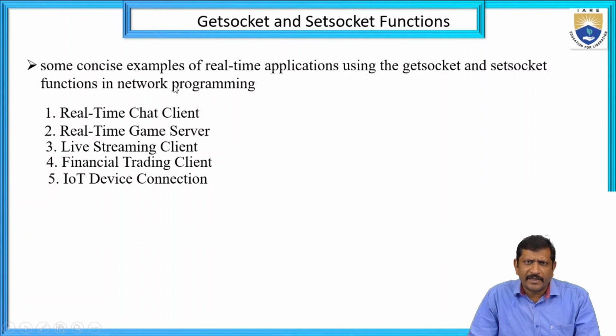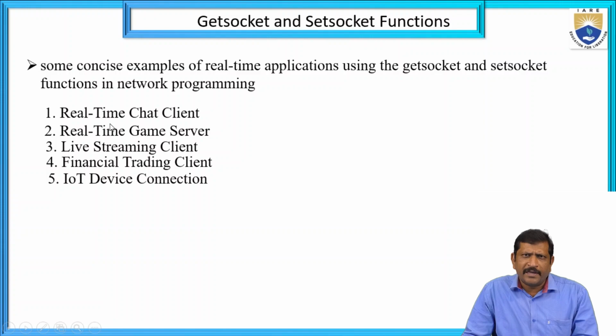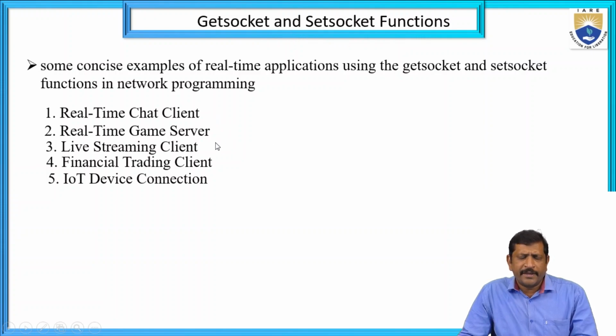Some real-time examples using the getSocket and setSocket functions in network programming are, first, a real-time chat client. Real-time game server is another example, where getSocket and setSocket can be utilized in a gaming server.